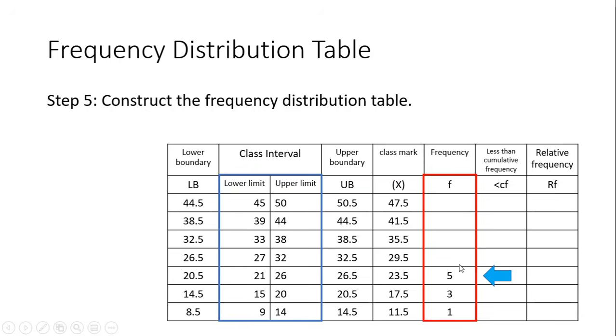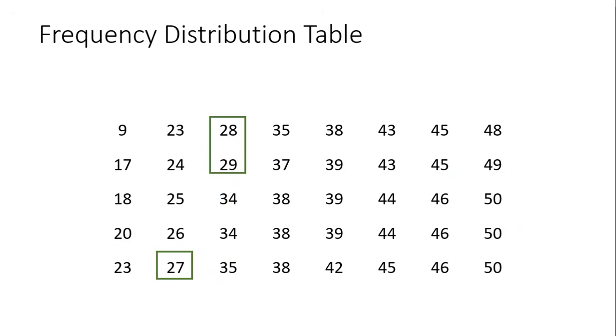Followed by the range 27 to 32. So how many scores would fall under that range? So we have 27, it's part. Okay, 28, it's within the range. 29, it's within the range. 34, it's not already part of our range. It's not part of our scope.